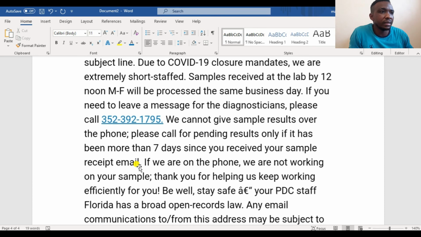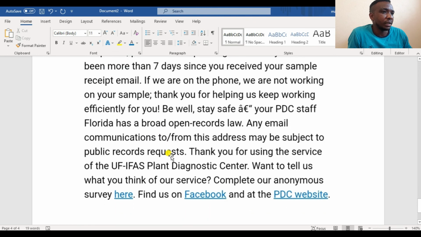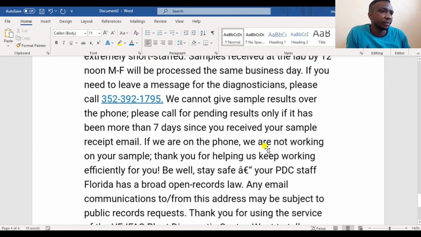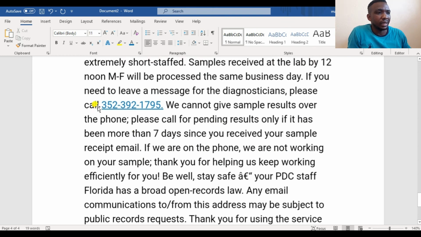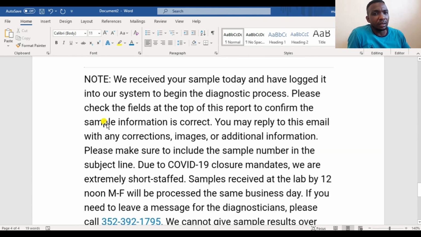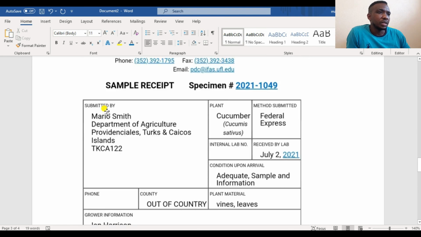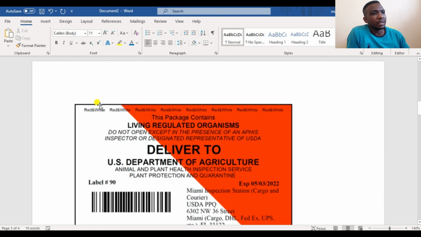So after 7 days, you can call them, and then I'm presuming that they'll send you the information via email, right? But I'll update you when I get the result and how they send it and so on. So that's basically the process, right?